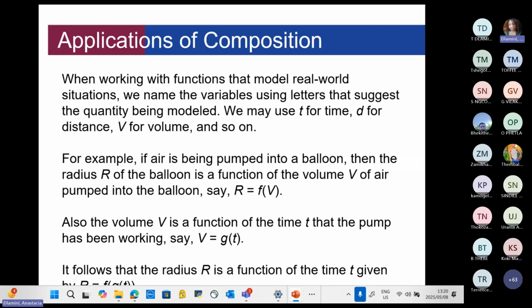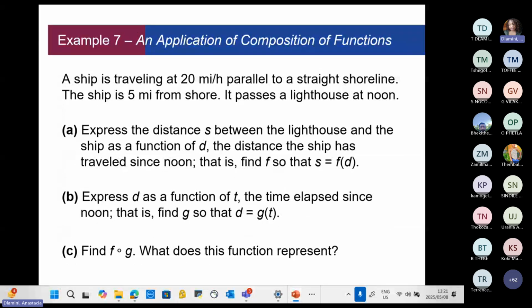For example, if air is being pumped into a balloon, then the radius R of the balloon is a function of the volume V of air pumped into the balloon. Say R is equal to f of V. Also, the volume V is a function of the time that the pump has been working. Say V equals g of t. It follows that the radius R is a function of time as well. So that's a composition of functions.